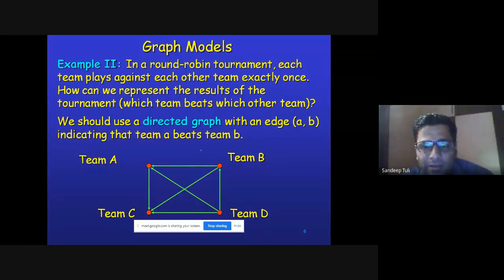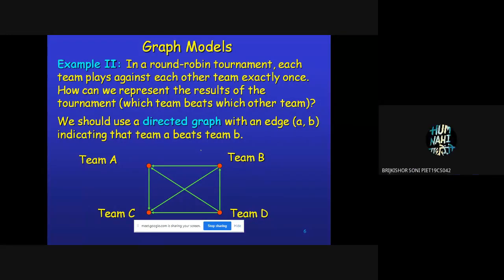Team A to C. A to B is an edge that indicates team A beats team B. Team A is the winner. So if team A beats team D, and also beats team B, and team A beats team C also, then team A is top.